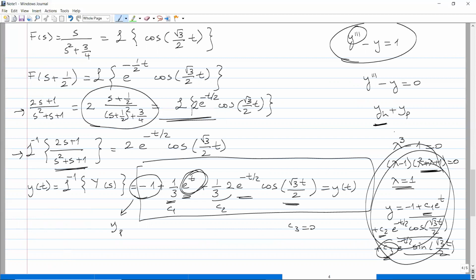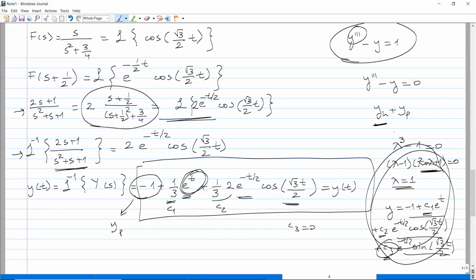First, apply Laplace transform to both sides. Use Laplace transform of derivatives and also use the given initial conditions, and find the function capital Y of S by solving the equation. And the main thing is to find the inverse Laplace of this function.